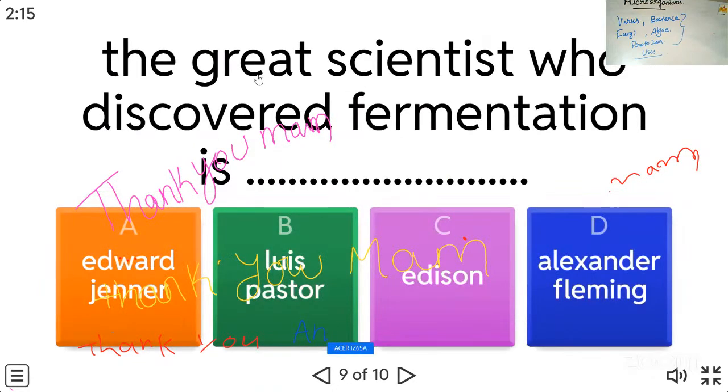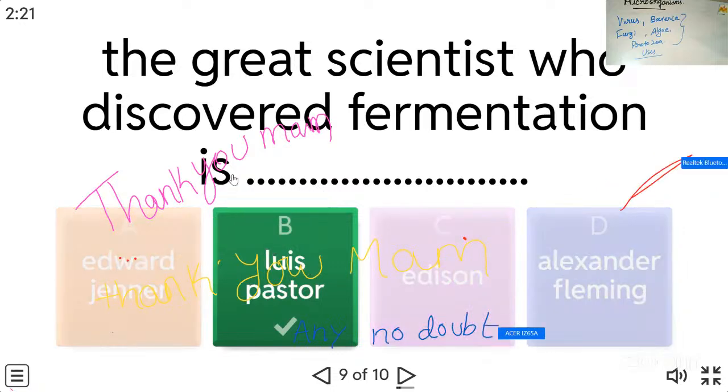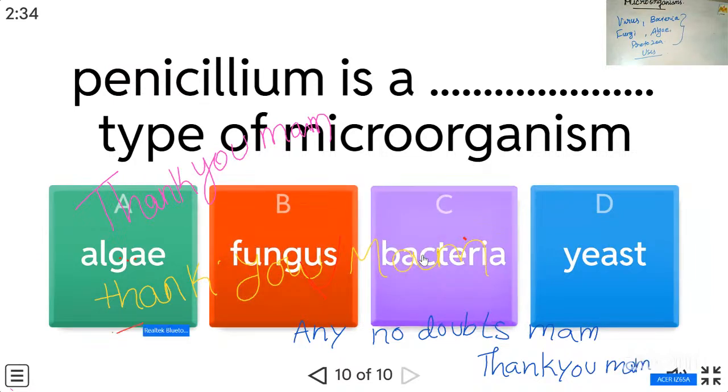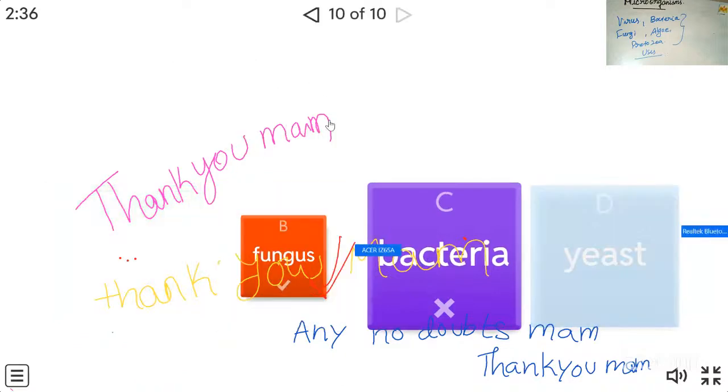The great scientist who discovered fermentation is Louis Pasteur. Penicillium is which type of microorganism? Penicillium notatum, penicillin. Is it bacteria? No, it belongs to the fungus family.